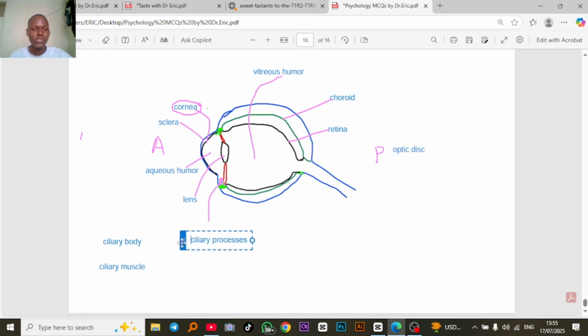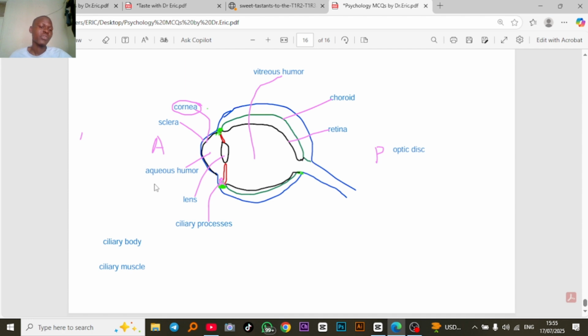So what will be the function of these ciliary processes? They are primarily for production of the aqueous humor here and in the anterior part of the eye. So we shall later on see that aqueous humor is very important because it's the fluid whose amount is regulated so as to regulate the intracranial pressure.